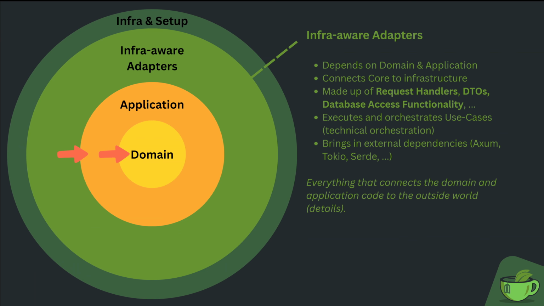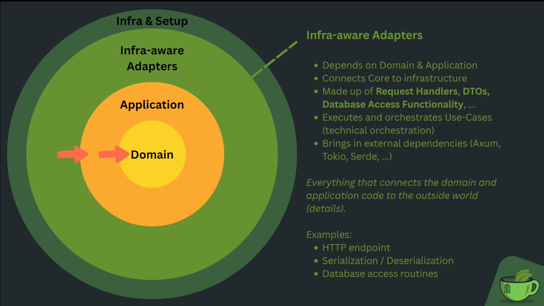It is the adapters layer in which we bring in the external dependencies we didn't want in our core, like Axum, Tokio, Serde, SQLx, etc. Some typical examples would be HTTP endpoints, serialization and deserialization, although that is probably mostly handled by Serde anyways, or database access routines.